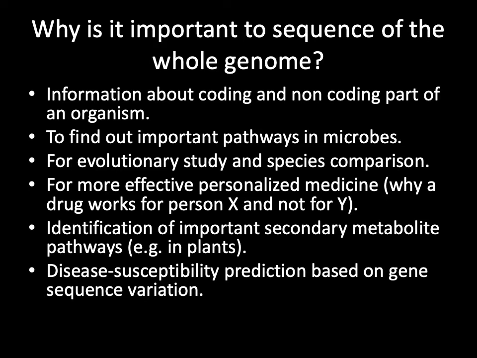So why is it important to sequence the whole genome? We get information about the coding and non-coding parts of an organism, and we find out about important pathways in microbes.